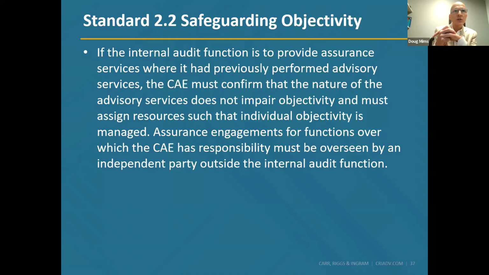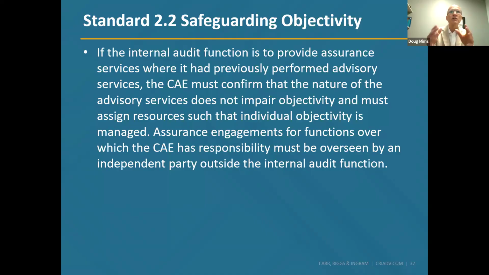Assurance engagements for functions over which the CAE has responsibility must be overseen by an independent party outside the internal audit function.